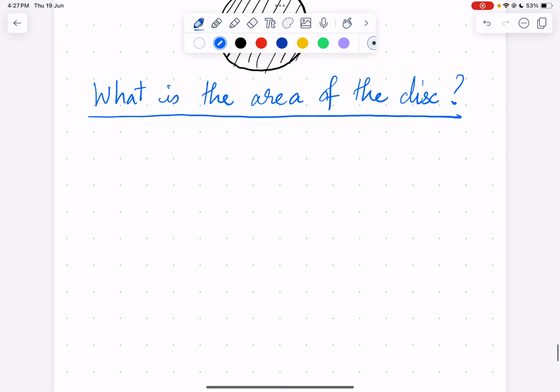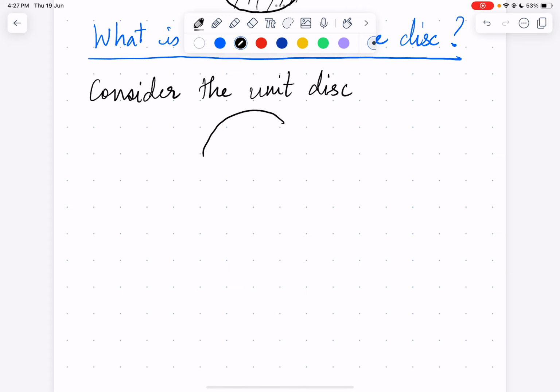So, first we can consider the unit disk. So, this disk has radius 1. This is the unit disk.